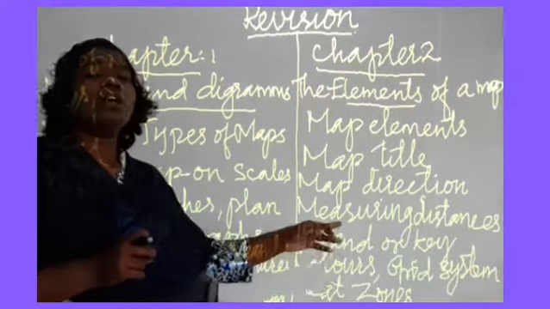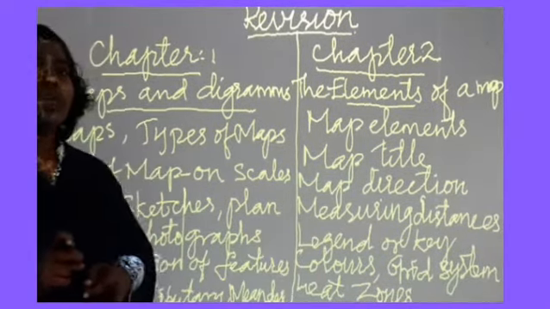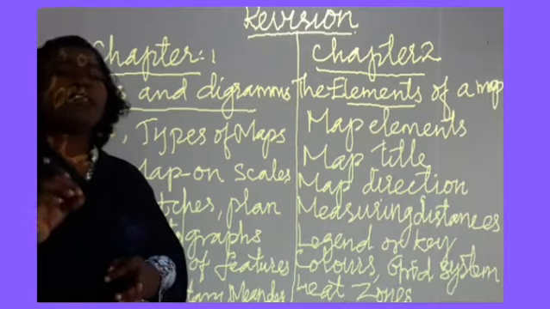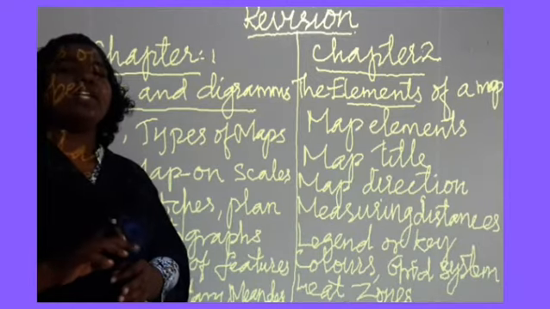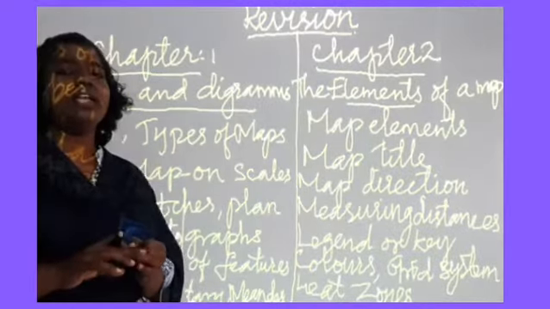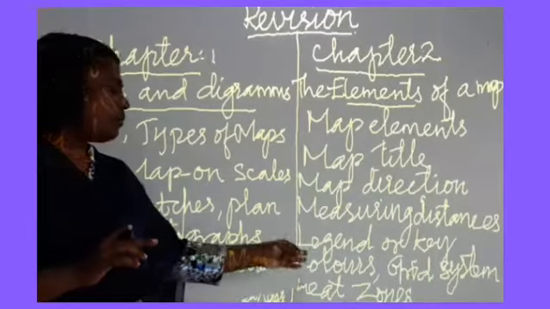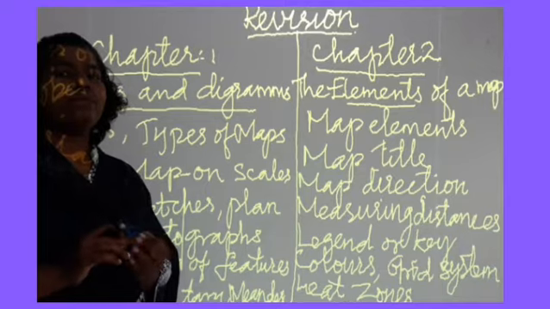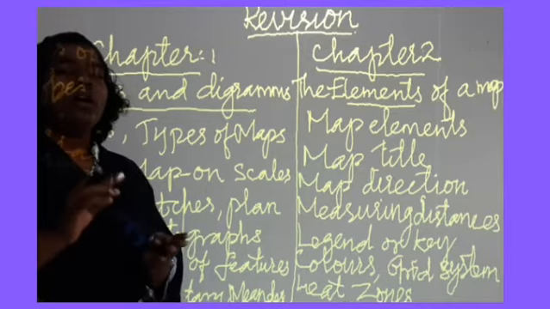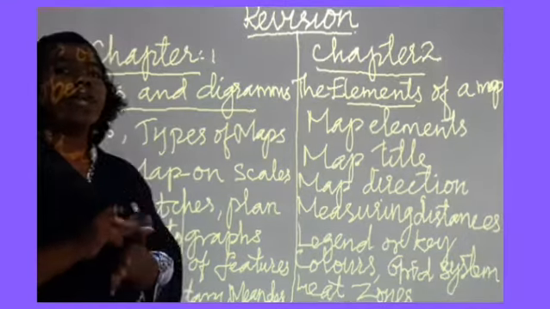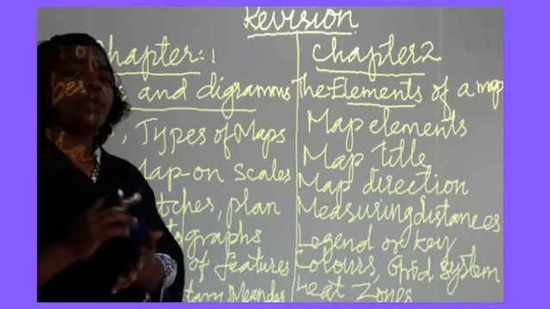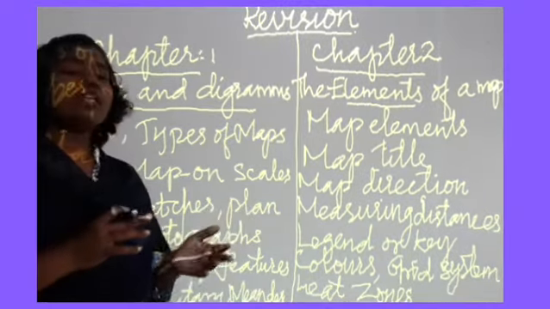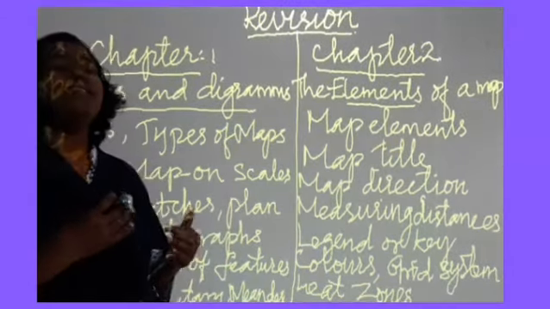And what are the important colors used in the map? In the topographical map, especially three important colors are used, that is green, yellow and white. Whereas in other maps, different colors are used, that is black, brown, blue, yellow and white. Different colors represent different features.